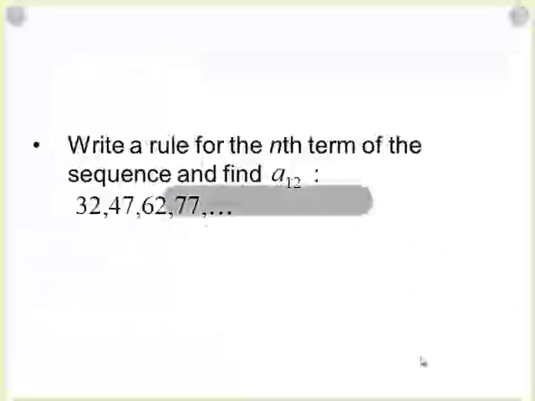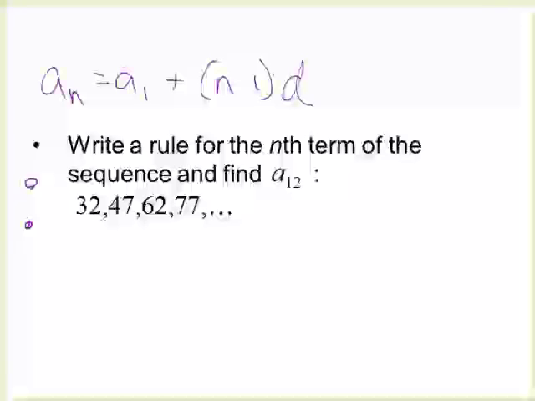Go ahead and try this next example. Okay, so we're going to use that formula again. I begin with a sub n equals a sub 1, which means first term, which is 32, plus n times 15.